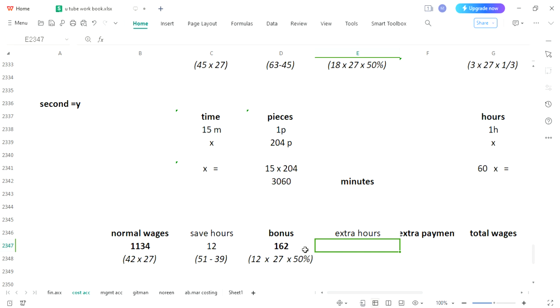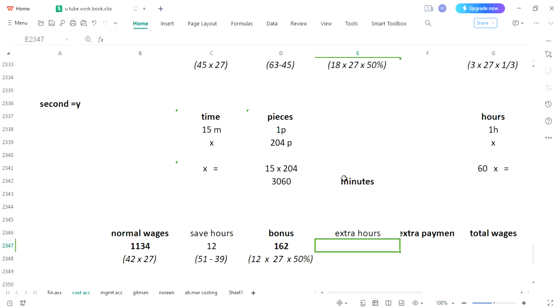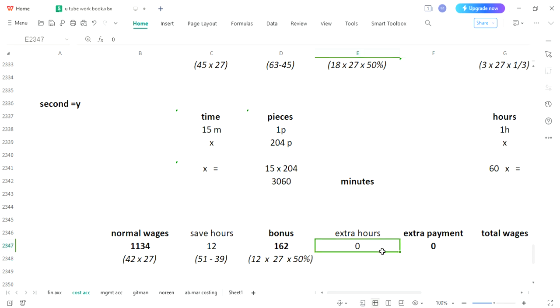Now we'll see if there are any extra hours he had worked. No, because 42 hours were allowed in a week and he had not even worked more than 42 hours. No extra hours he had worked, so it means 0. No payment would be made. Now we will see extra payment. Obviously extra hours are not worked, so there will not be any extra payment as well. In this way we will calculate his total wages.